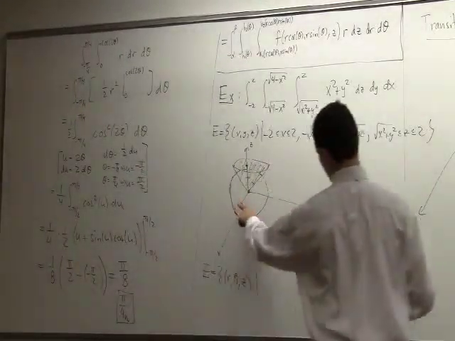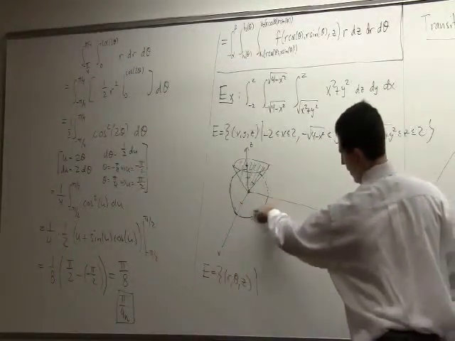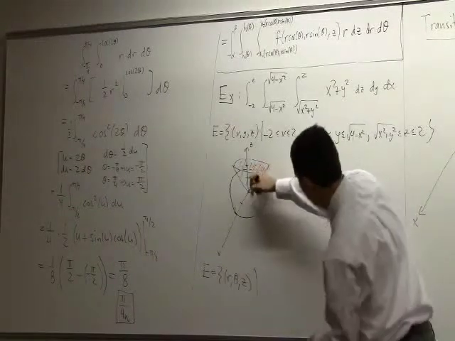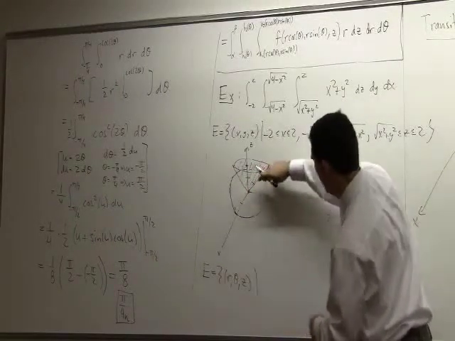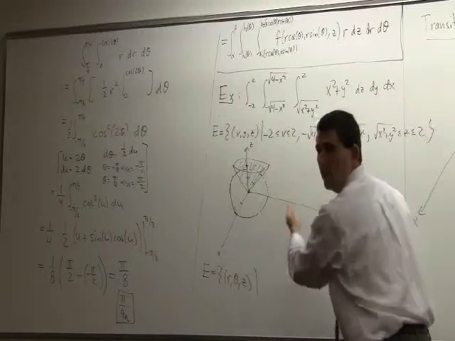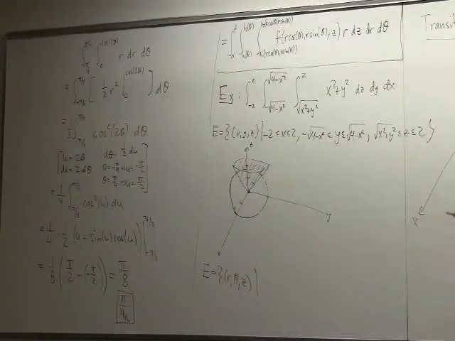Remember, theta is the angle on the xy plane, and it goes all the way around, so theta is going between 0 and 2 pi.